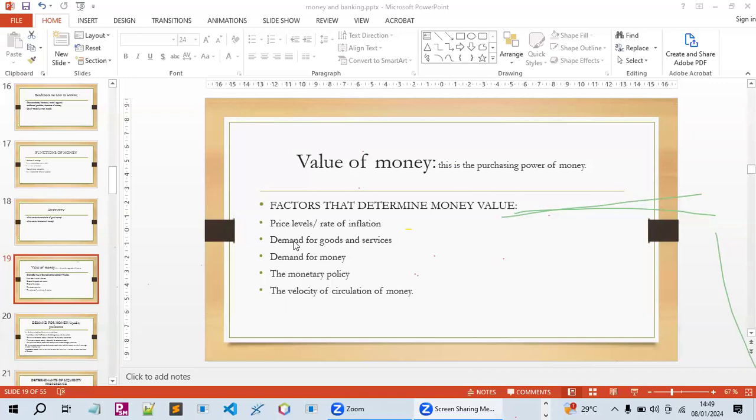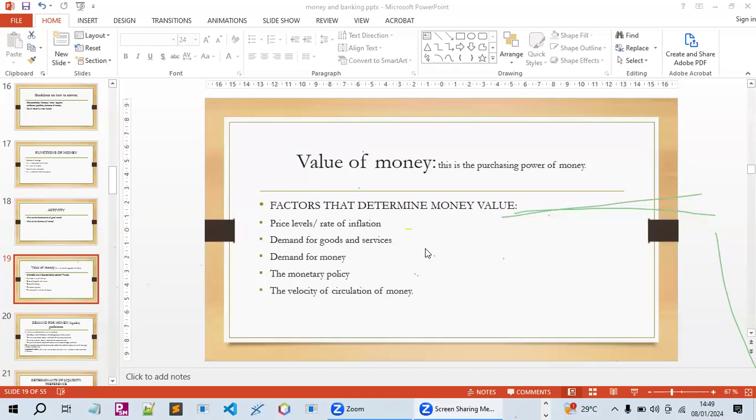The second point was the demand for goods and services. A high demand for goods and services influences prices upwards, hence lowering the money value. By this, when the demand for goods is high, the prices become high because the suppliers increase the prices since they know you want to buy the commodities.